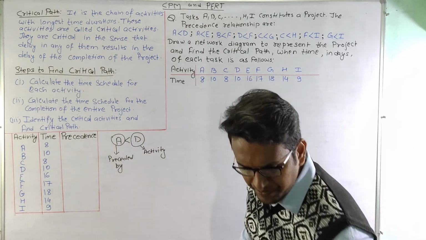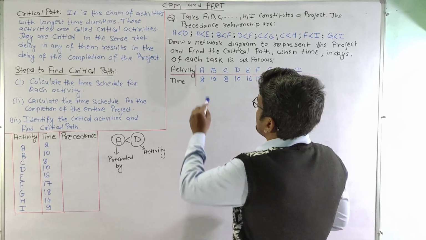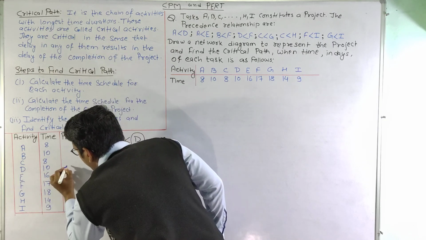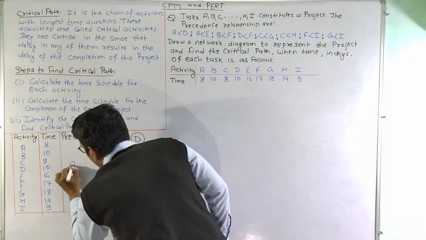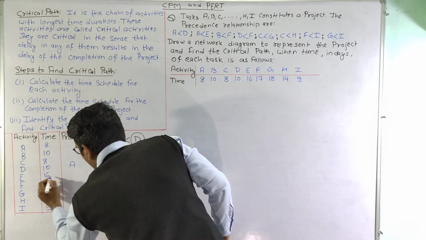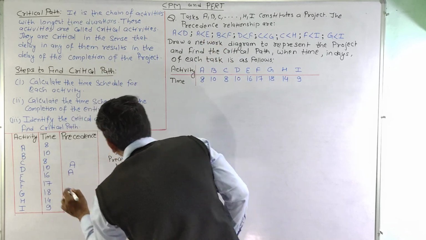It says that D is preceded by A. So activity D is preceded by A here. Now E is also preceded by A. So E is also preceded by A.